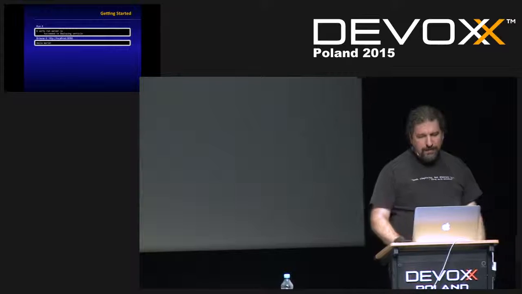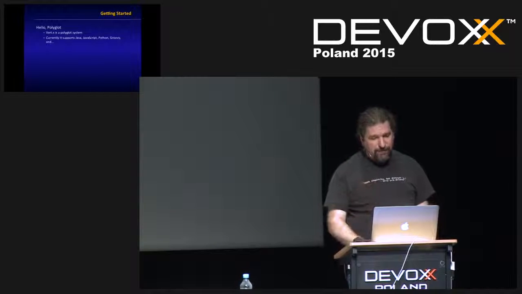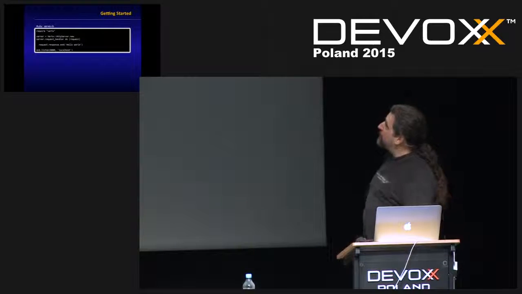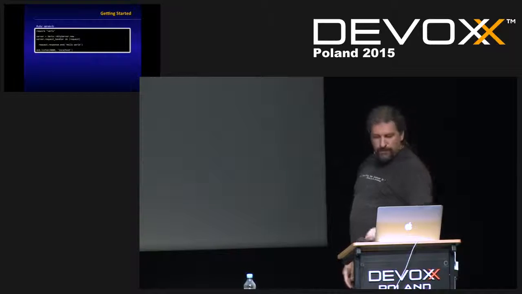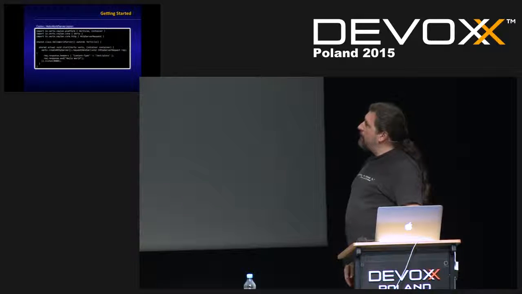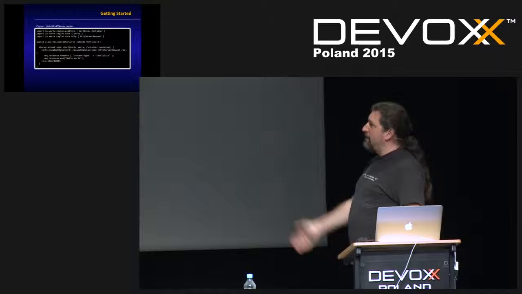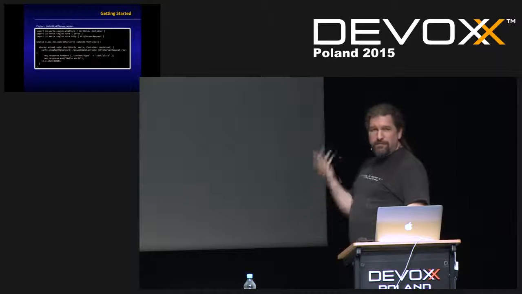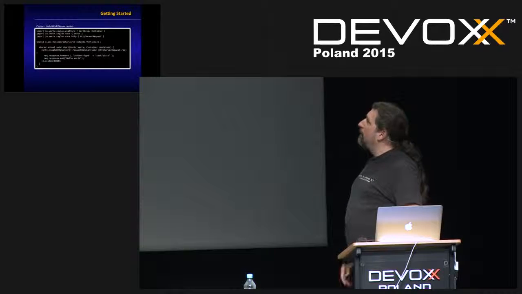Now again, like I said, Vertex is a polyglot platform, which means this is what it looks like in Ruby, and this is what it looks like in Ceylon, because for whatever reason we needed to support Ceylon, or however you pronounce that.